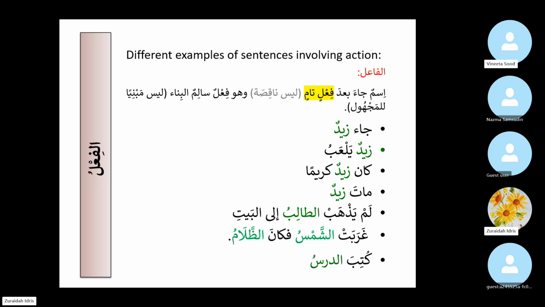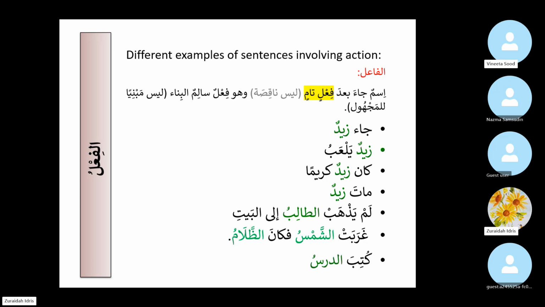The next, Lam. Lam is harf jazim, and it also pushes your present tense to the past tense. So lam means did not. Yazhab at the moment is mudari majzum. Talibu is ism.